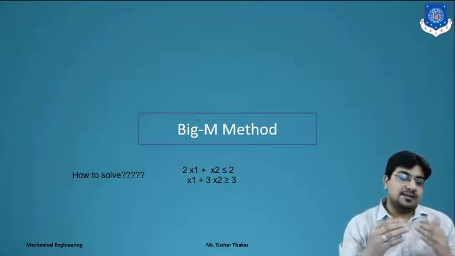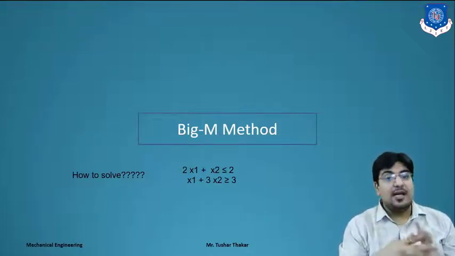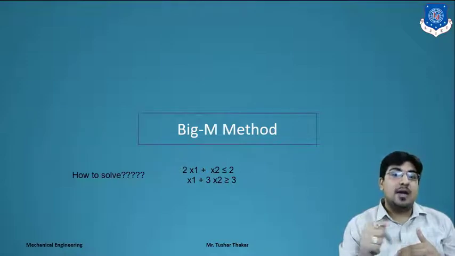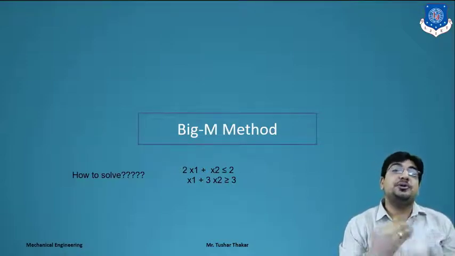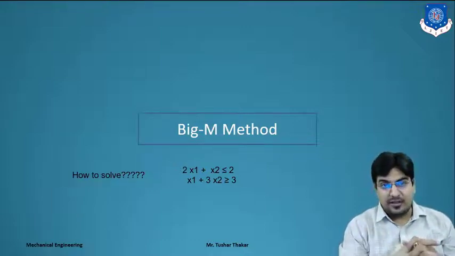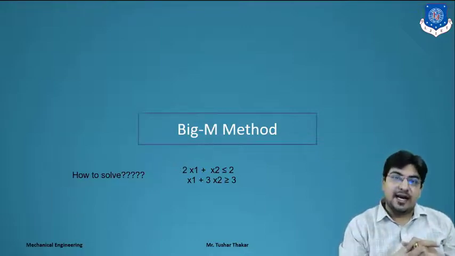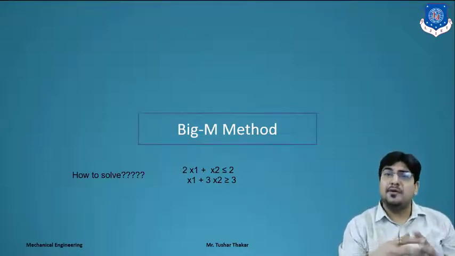For the simplex method, we have to introduce a slack variable. Here, big M is denoted as an artificial variable, meaning we have to introduce M as an artificial variable into the equation and the modified LP formulation.